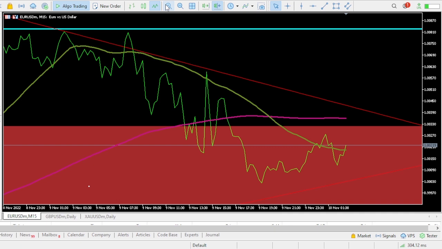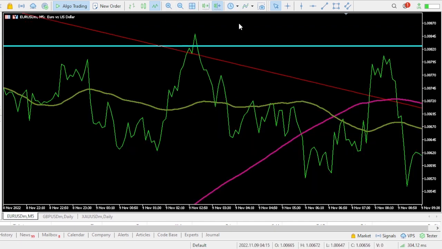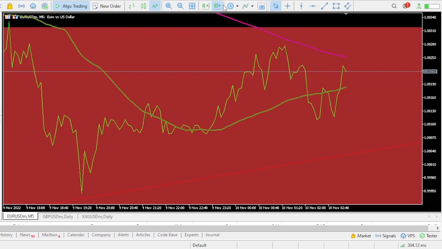So there's a crossover here. The 200 is above, and there's a crossover that shows down, that shows sell here on the 15 minutes. Then on the 5 minutes, it's still indicating sell.